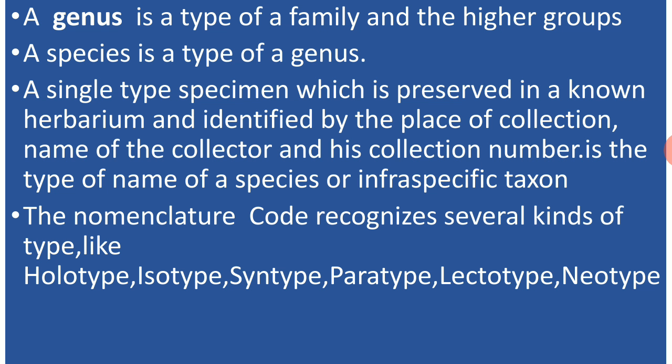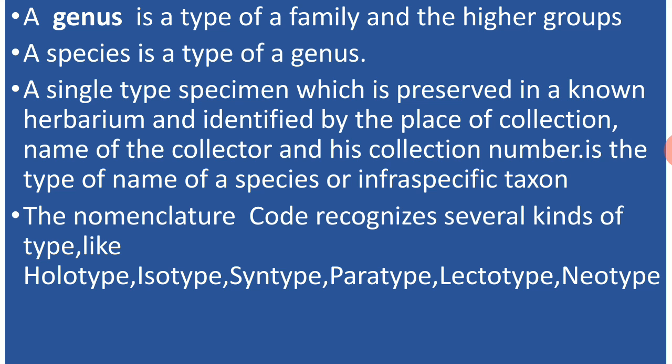The name of any taxonomic group is based on some type. Suppose we call a family, so there should be a genus in this family on which basis this family is known. The genus is the type of a family and higher groups, whereas the species is the type of the genus.